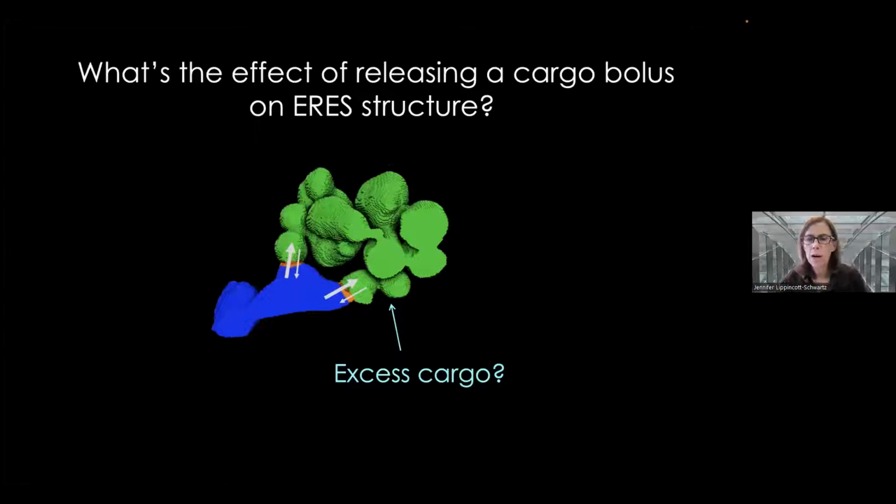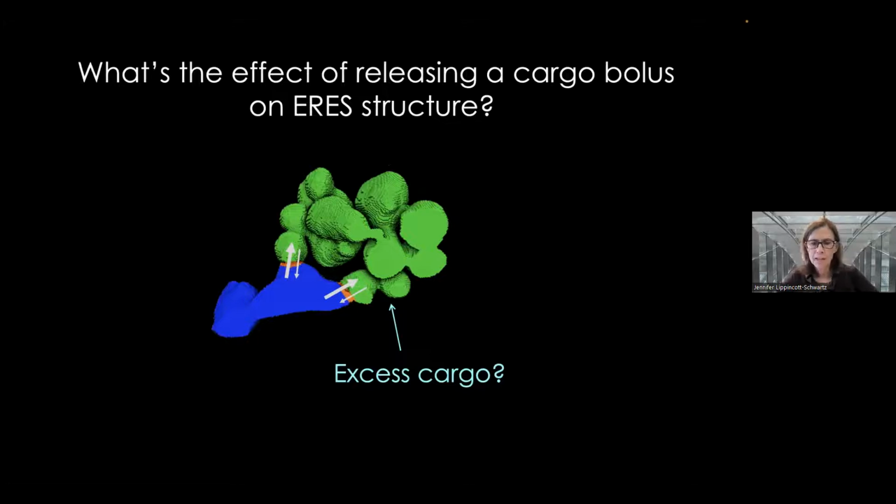Okay, so let's look at this cargo sorting. What's the effect on the structure of this ER exit site if we suddenly release a lot of cargo into it? And by cargo, I mean secretory proteins that have been synthesized in the ER and are waiting to leave the ER to move to the Golgi and then ultimately to the plasma membrane.